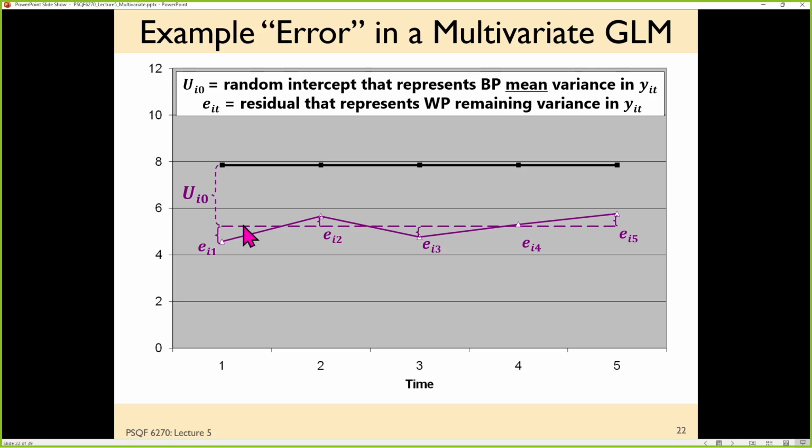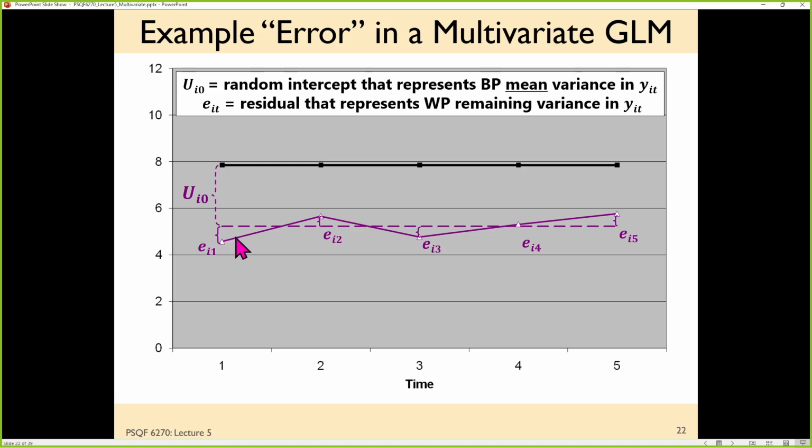So this person being below everyone else would result in a random intercept, that's this U thing, that's negative. Somebody who is exactly at the sample mean would have a U of 0. Somebody who is above the mean consistently would have a positive U.